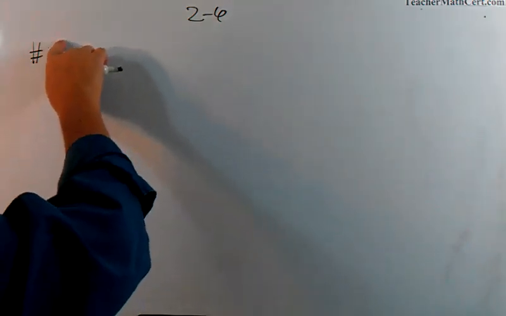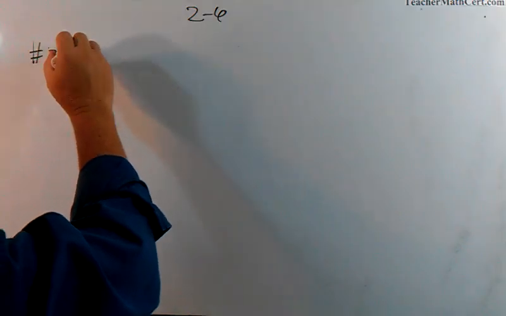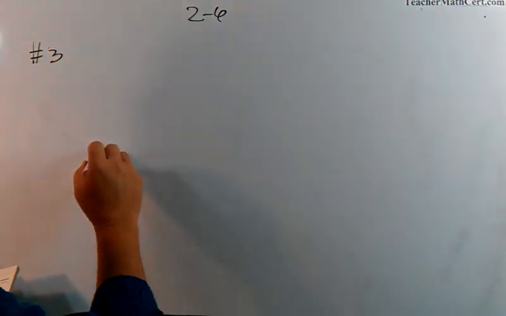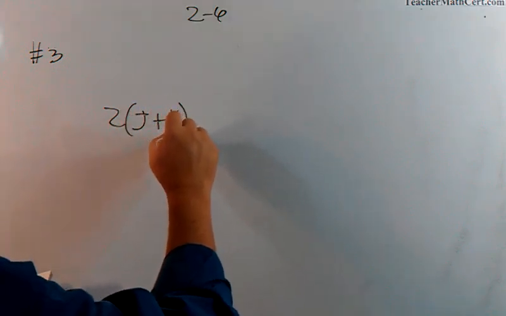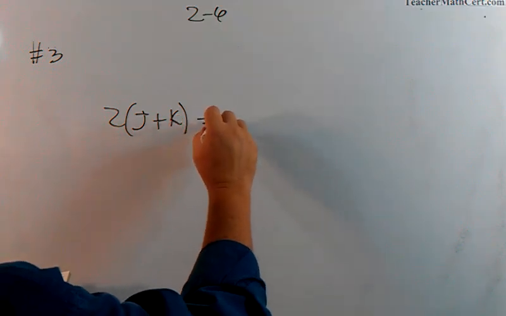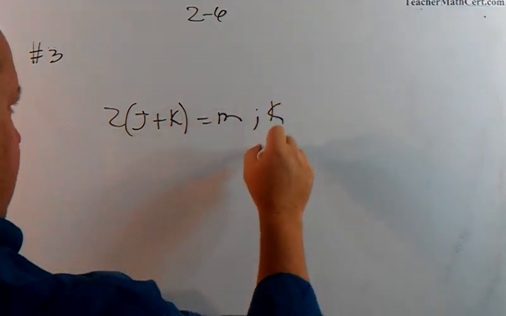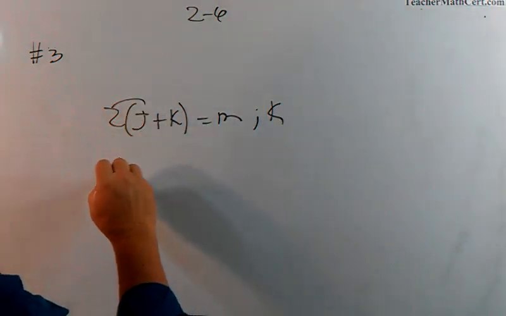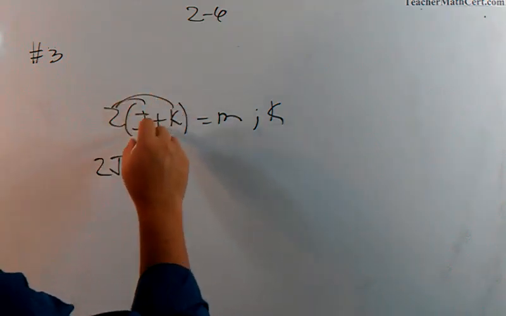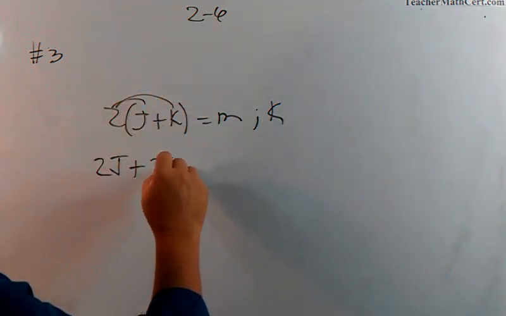Number 3. We've got 2 times the quantity J plus K is equal to M. Solving for K, do the distributive property. 2 times J is 2J. 2 times K is plus 2K.